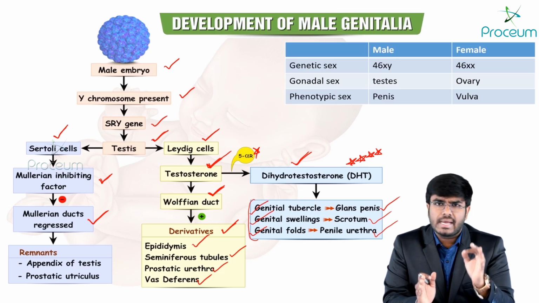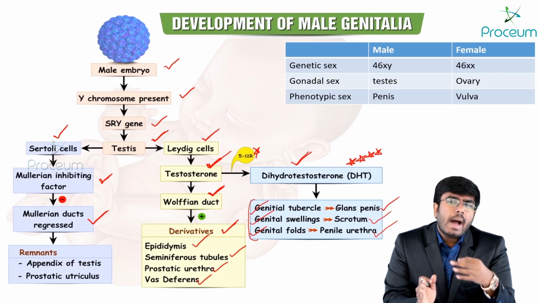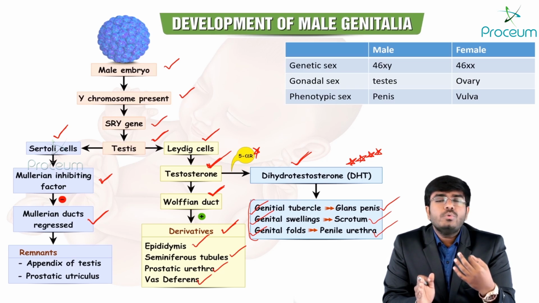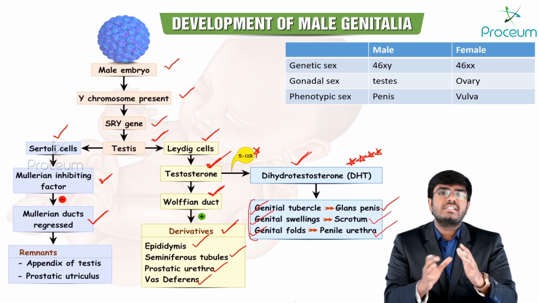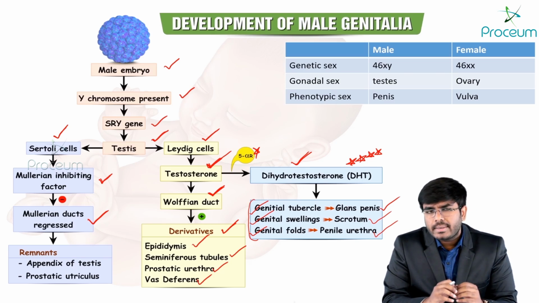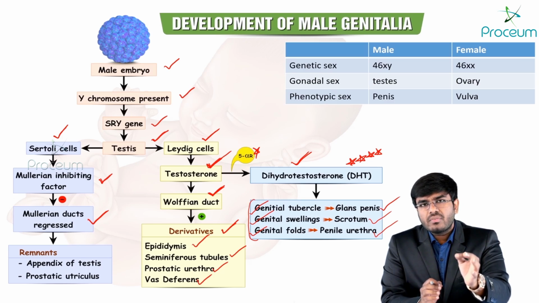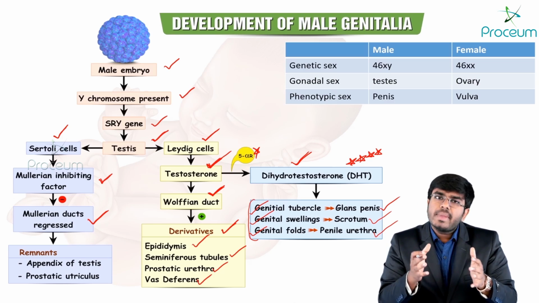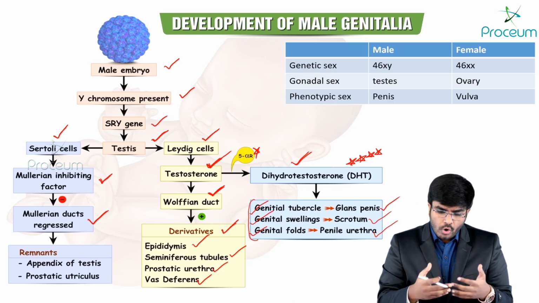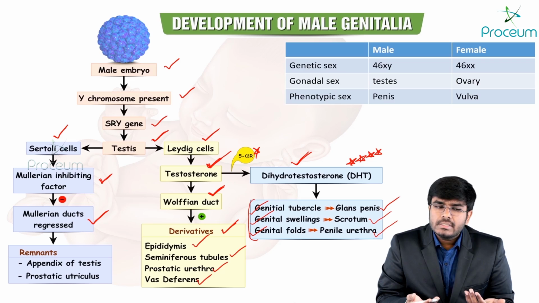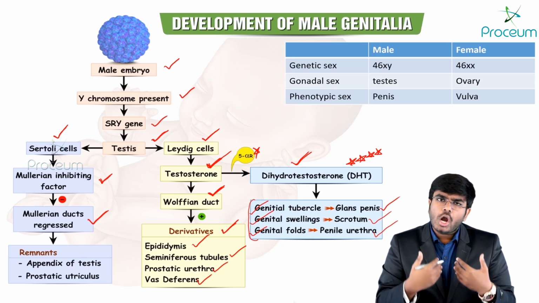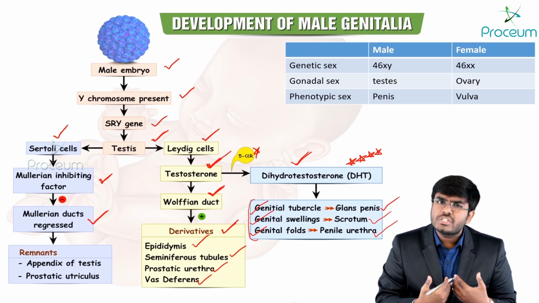The concept is that, for example, let's take a hypothetical scenario where a male is not producing Mullerian inhibiting factor. What happens? Now in this male fetus, there is no Mullerian inhibiting factor, so the Mullerian ducts are not going to undergo regression.